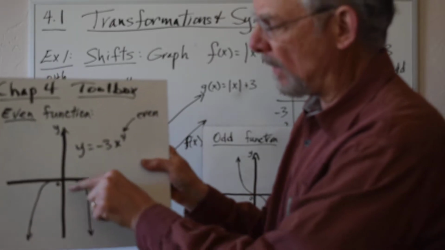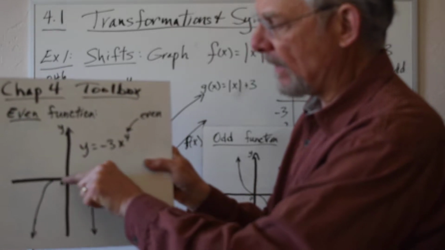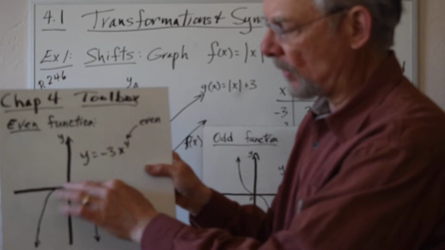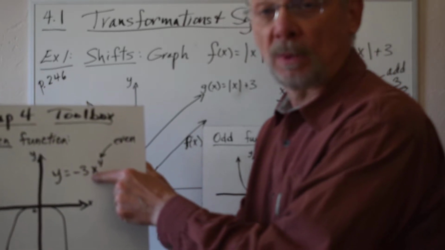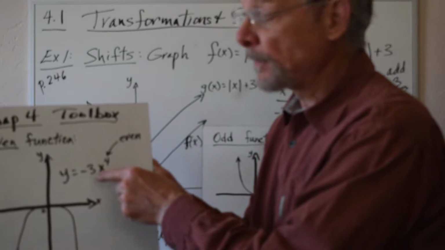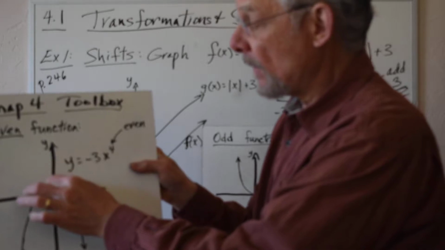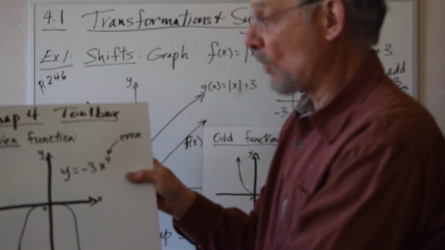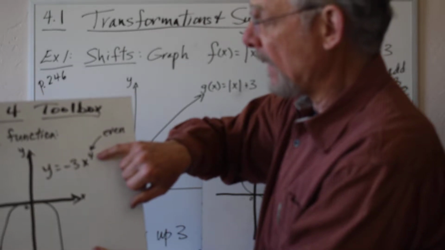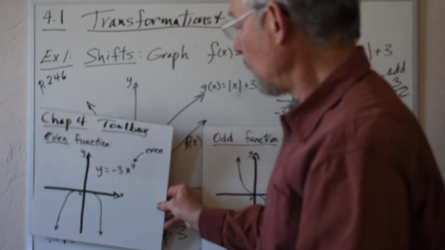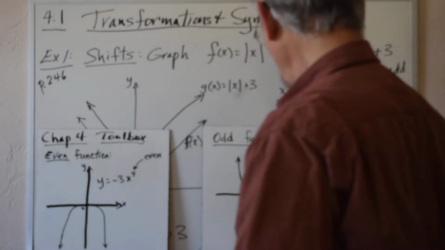It's almost like a parabola, but it's flatter around the x-axis there, around its vertex. Since the number multiplying x to the fourth is negative, this graph opens downward. So when you see an even exponent like that, you will have an even function.